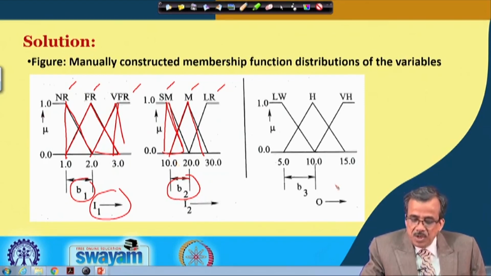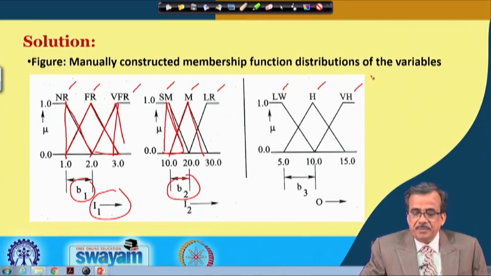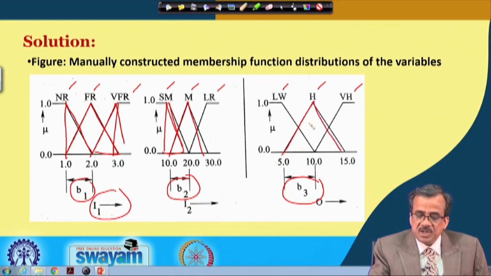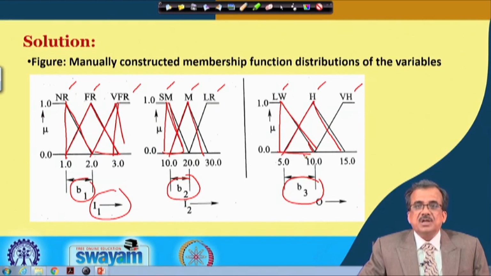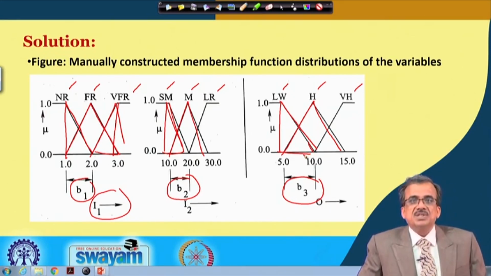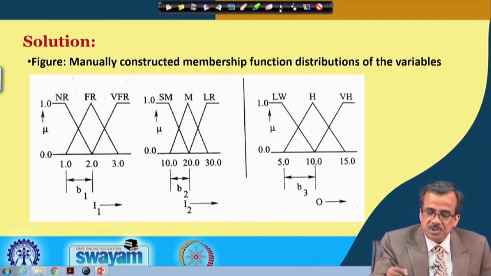Similarly, to represent the output O, we use three linguistic terms, that is low, high and very high, and B3 represents either the half base width of this isosceles triangle or the base width of this right angle triangle. And for simplicity, we are considering the symmetrical membership function distribution.